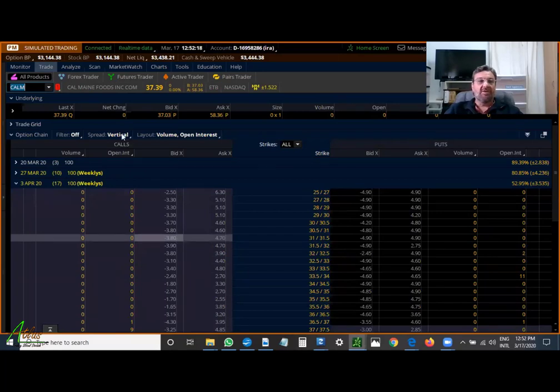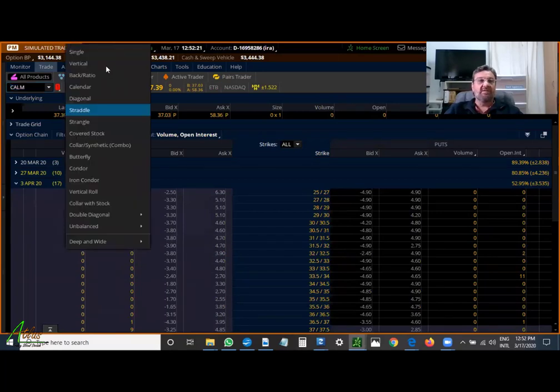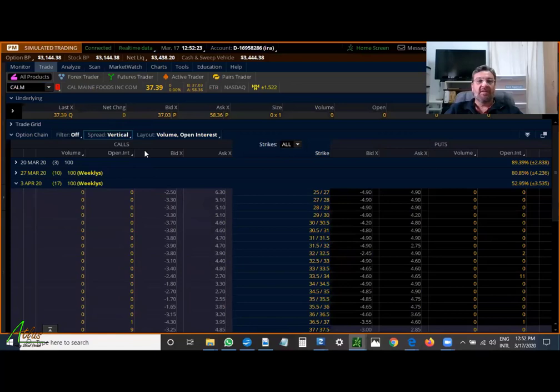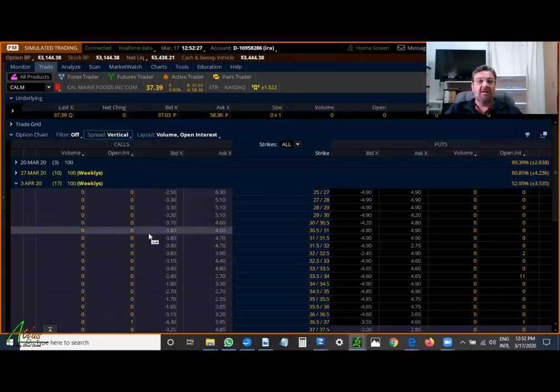Now remember, make sure that vertical is always there, not single, to make it easy. All this side is going to be for calls, but you are going to trade a put. So puts are on the right side.